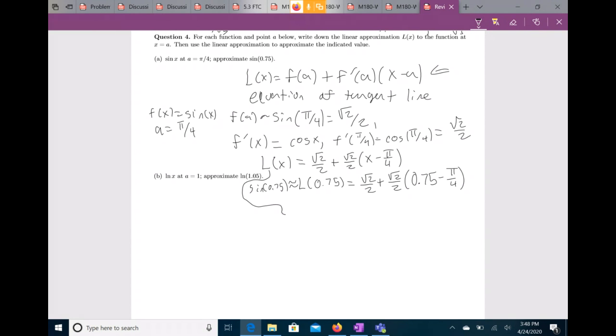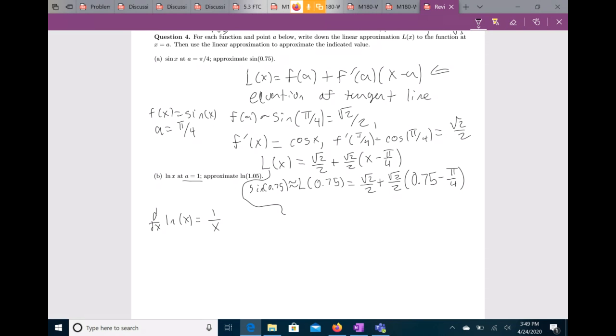Okay. All right, so for the next one, we're using the natural log of x at 1 to approximate ln of 1.05. So first let's just find the derivative. What is the derivative of the natural log of x? Good.